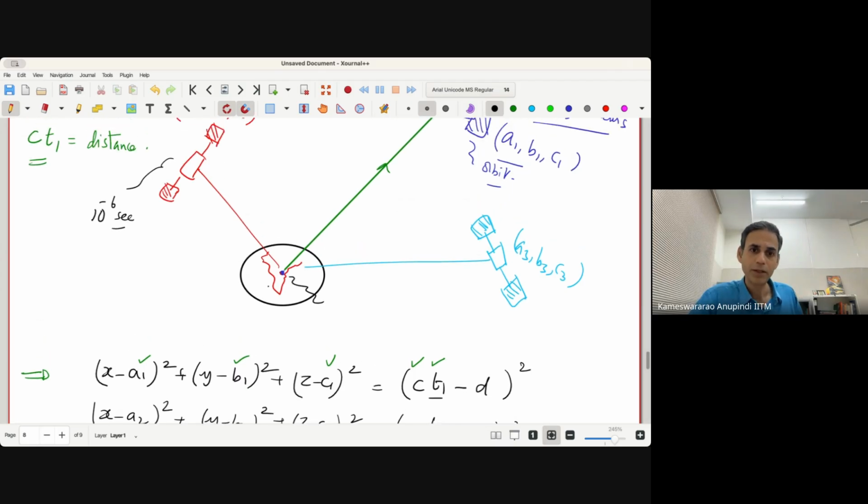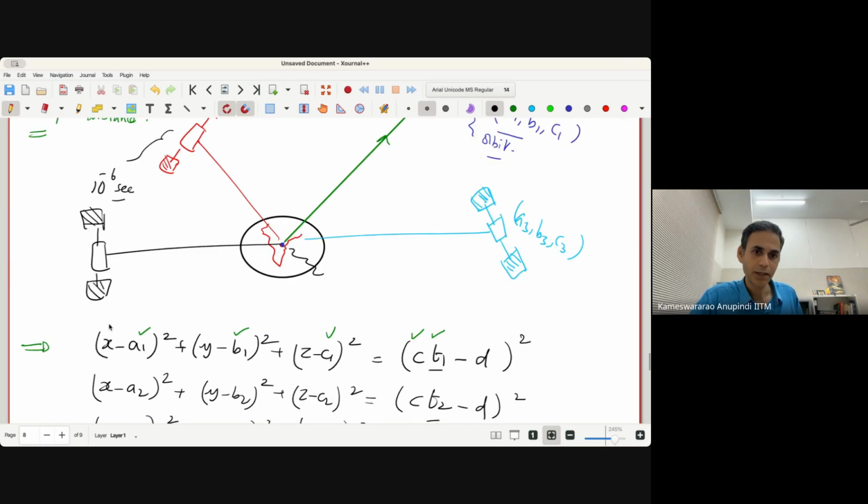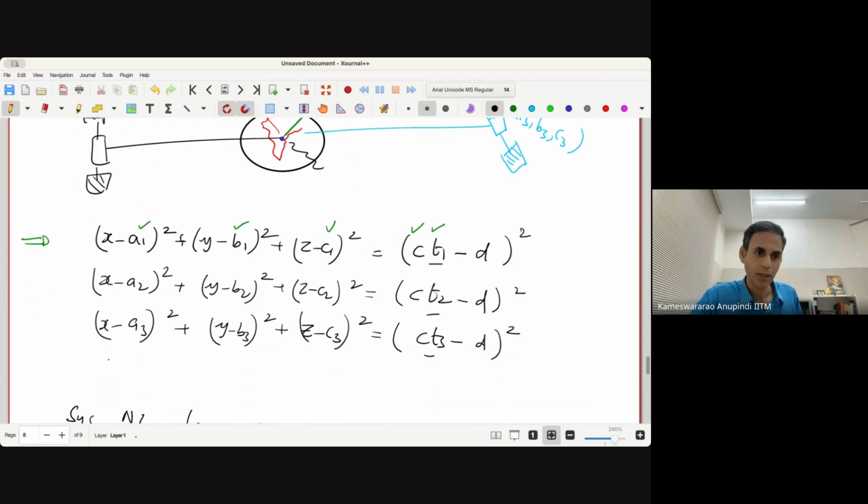The solution is simple. Just put another satellite, right? If we have another unknown, just put another satellite. And then that's going to give you x minus a4 square plus y minus b4 square plus z minus c4 square equals c t4 minus d whole square, right? That's all.